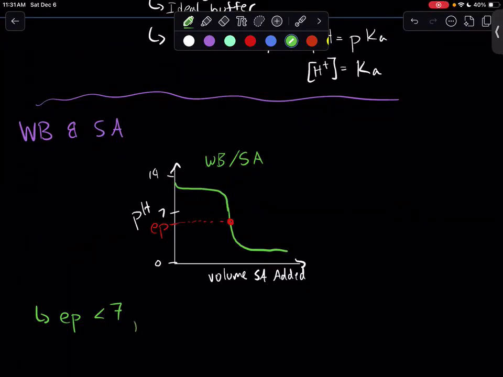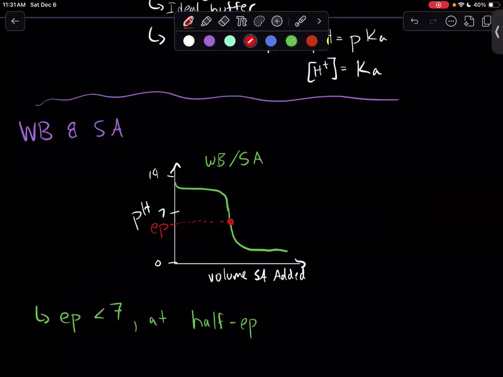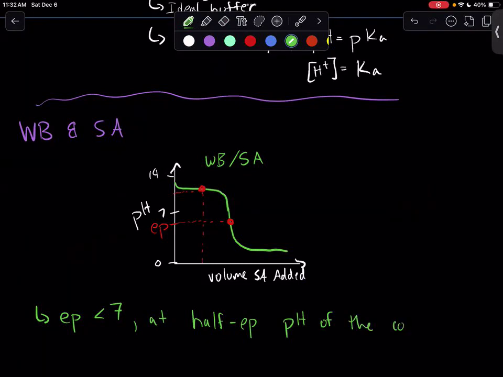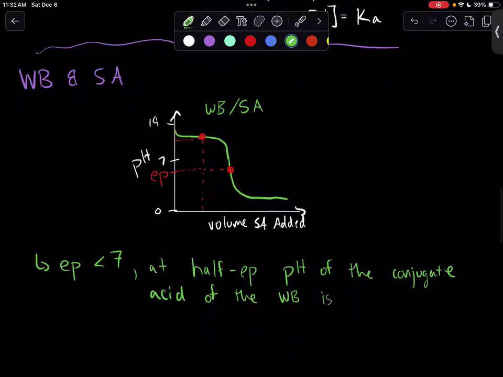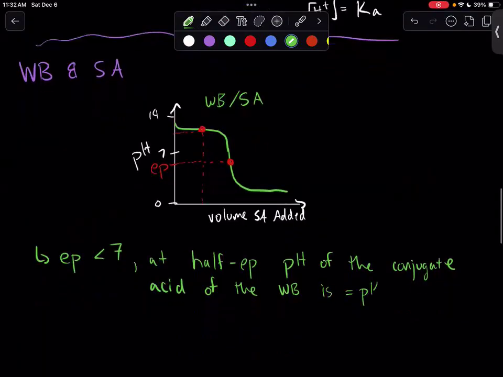And so furthermore, at half equivalence point, so we'll go ahead and notate that, the pH, once again, of the conjugate acid of the weak base is equal to pKa.